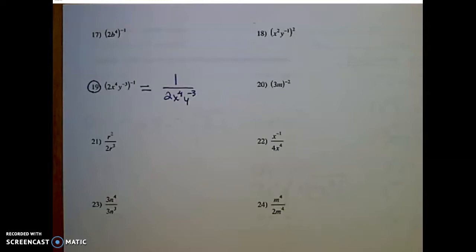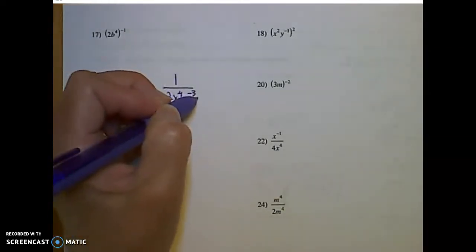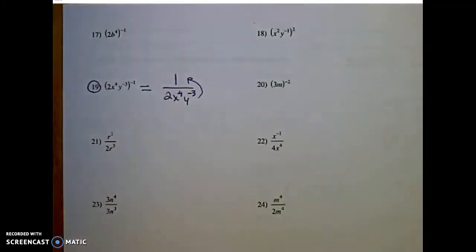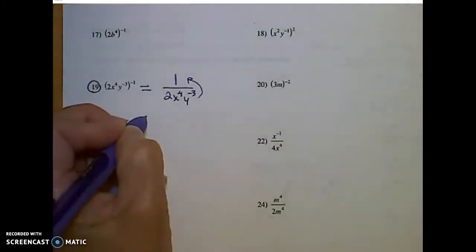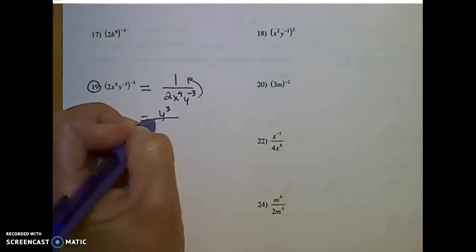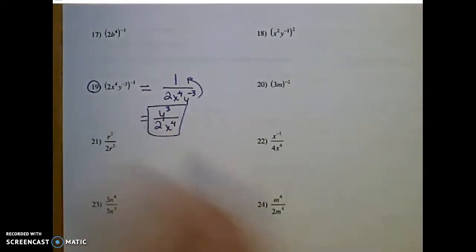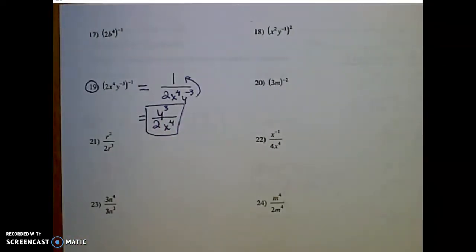But now I notice I do have a negative exponent, and that negative exponent I really want to move up to become positive. End result, y to the third over 2x to the fourth. Alrighty.